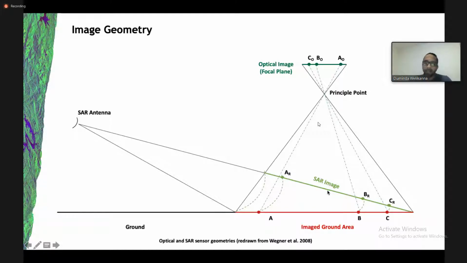Nadir is directly below the sensor. So the image is formed along this red line, and objects at the nadir, that is directly beneath the sensor, and off nadir will be imaged.